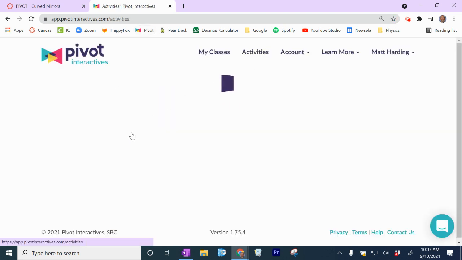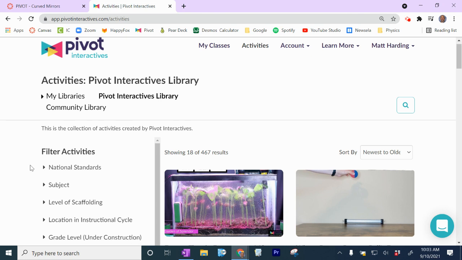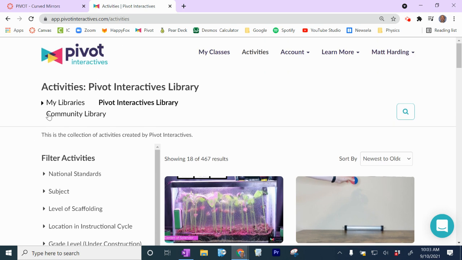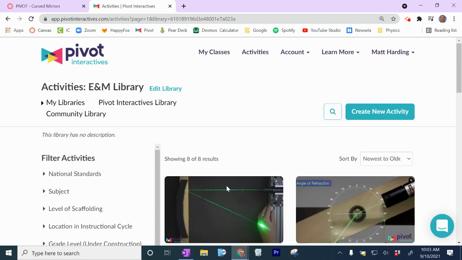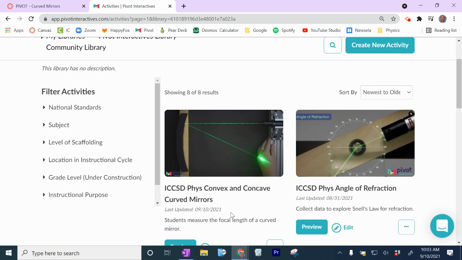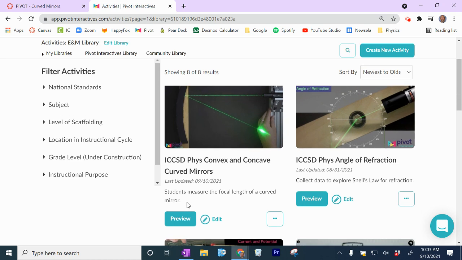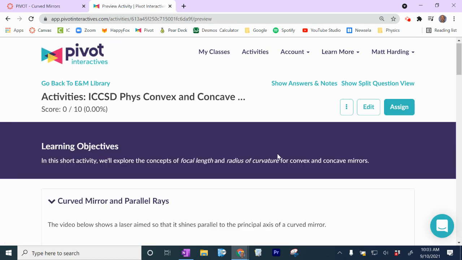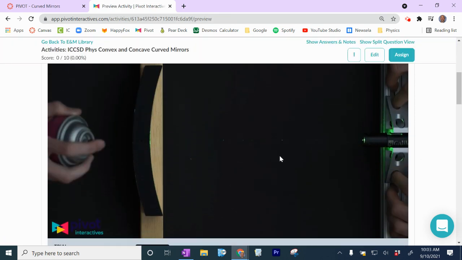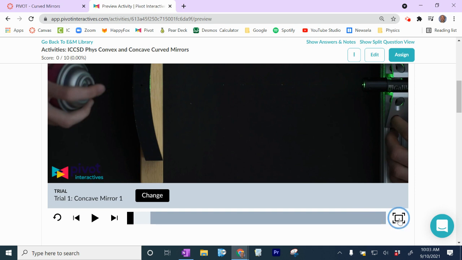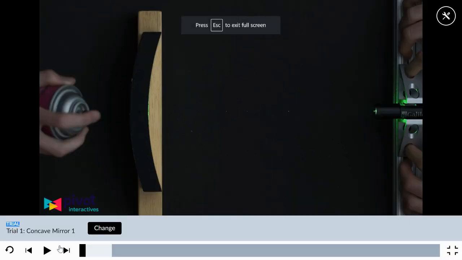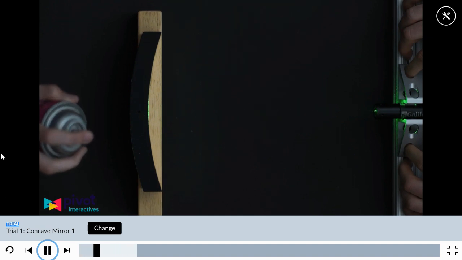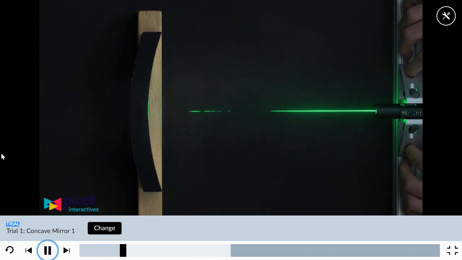Let's see. This kind of works like the refraction lab that we did the other day. They've got a little bit of fogger, and we don't have the sound.